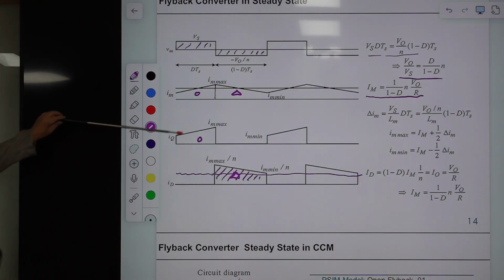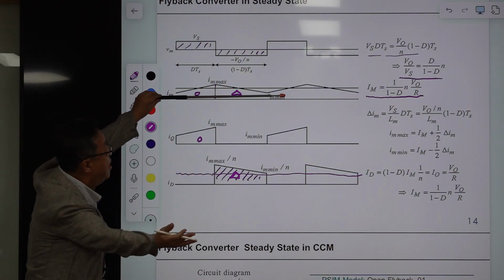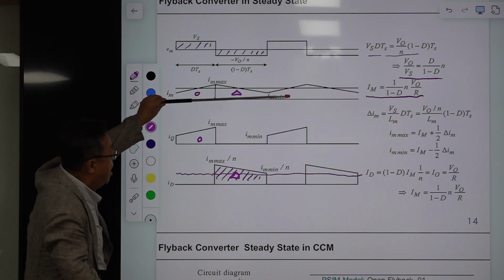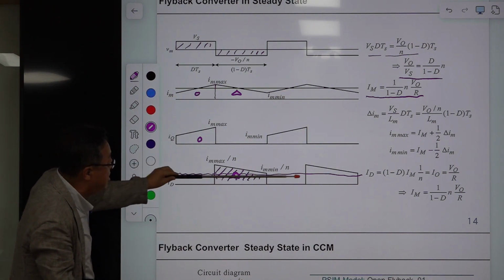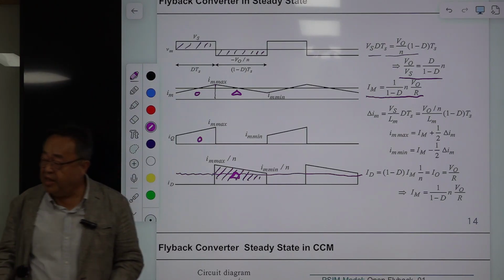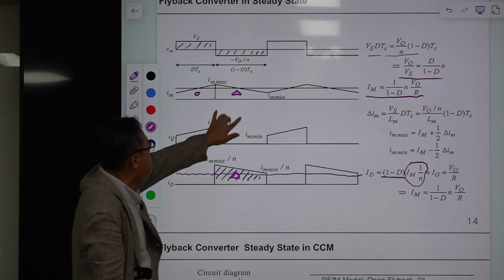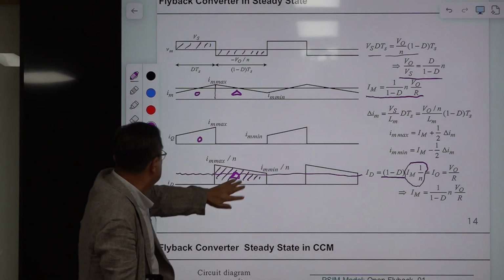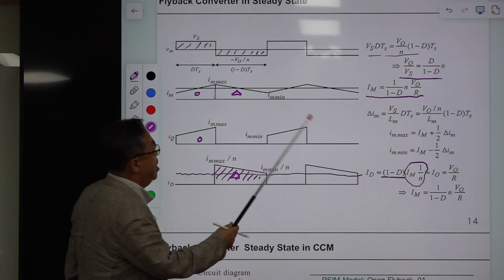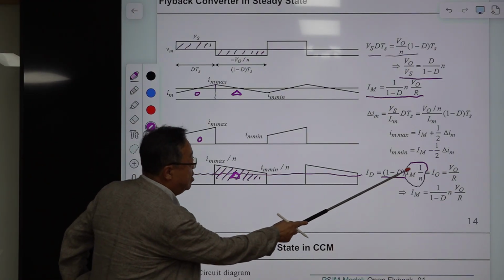Assume there is IM, the average value of this, and then the average value of ID should be IM divided by N. This is the deflected value of this average value times 1 minus D, right? Because only during this off-time period, this current is deflected to ID. So you should have a weighting factor here.